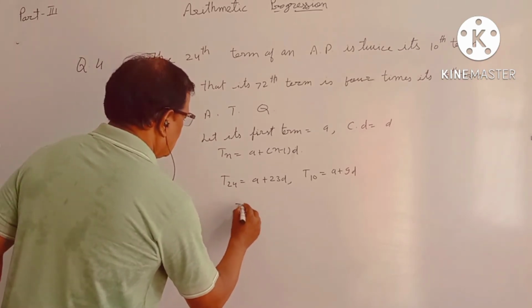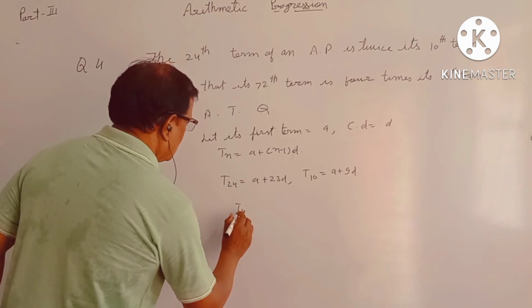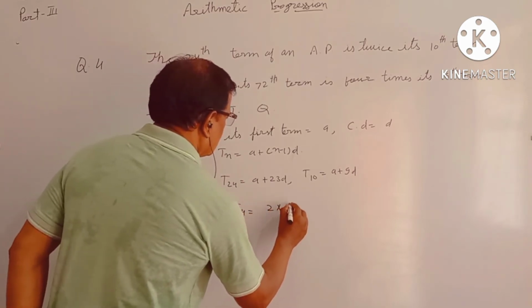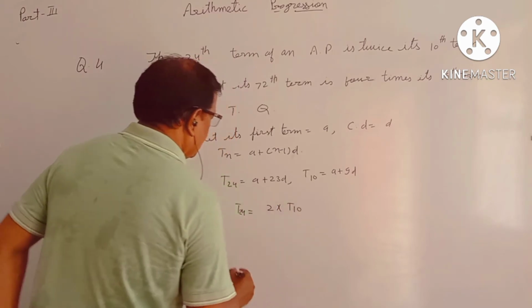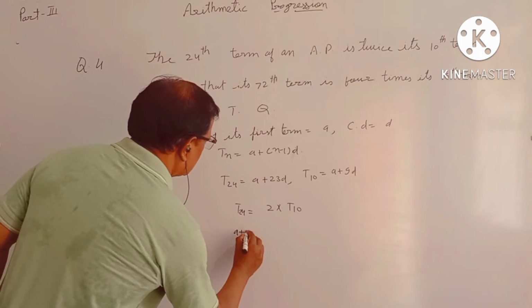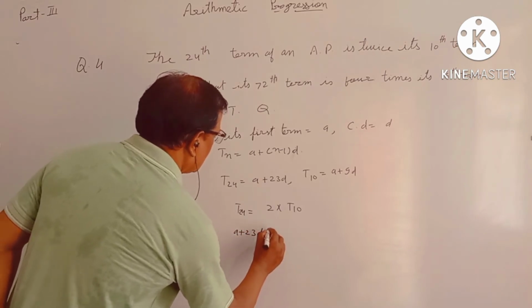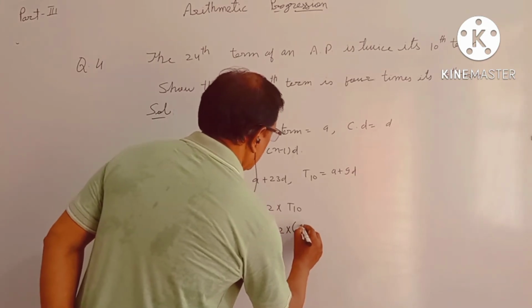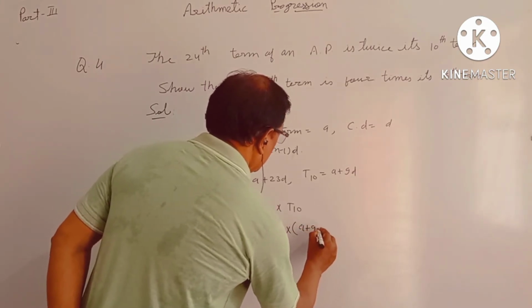So T24 equals 2 into T10, as T24 is A plus 23D equal to 2 into, in the bracket, A plus 9D.